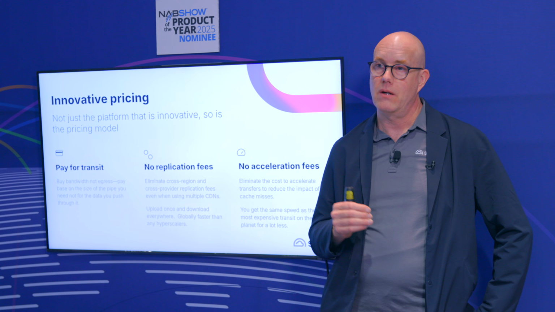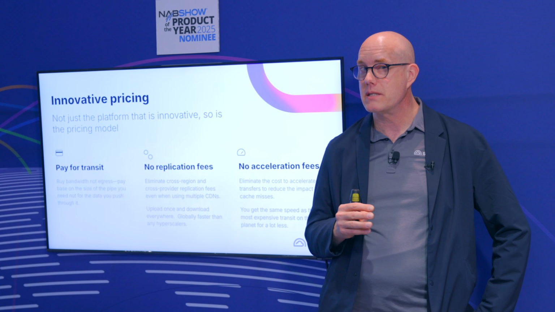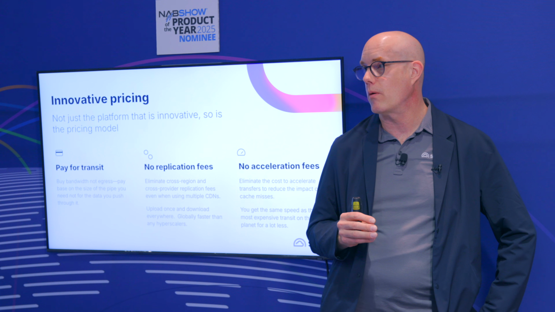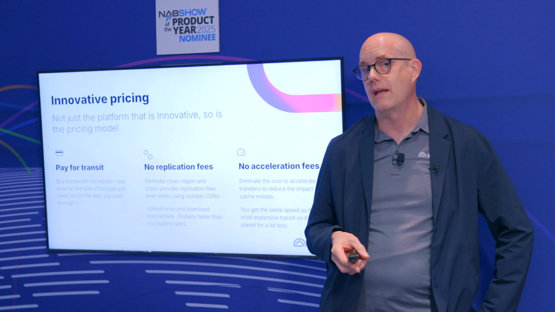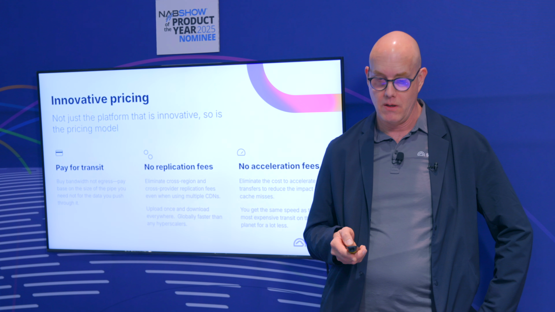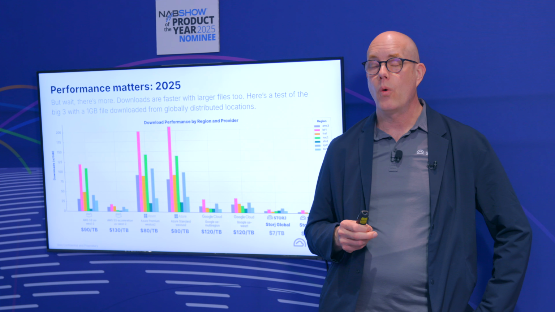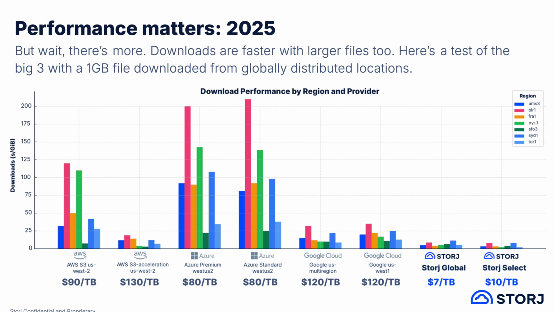So with paying only for transit with no replication fees and no acceleration fees, you get faster performance globally than Amazon's S3 accelerated transfer for an enormously lower price. So when you look globally here, in this graph, smaller bars mean faster.